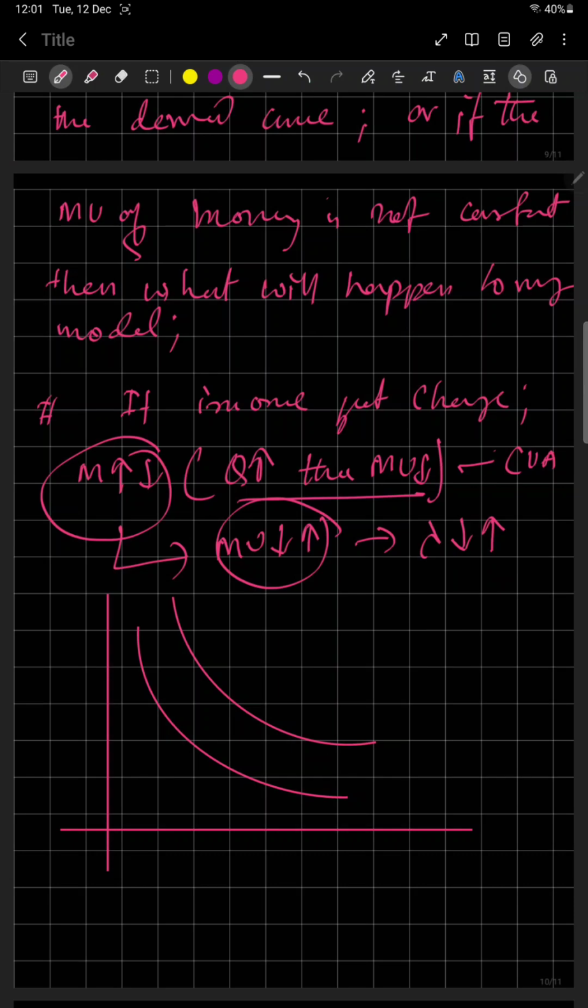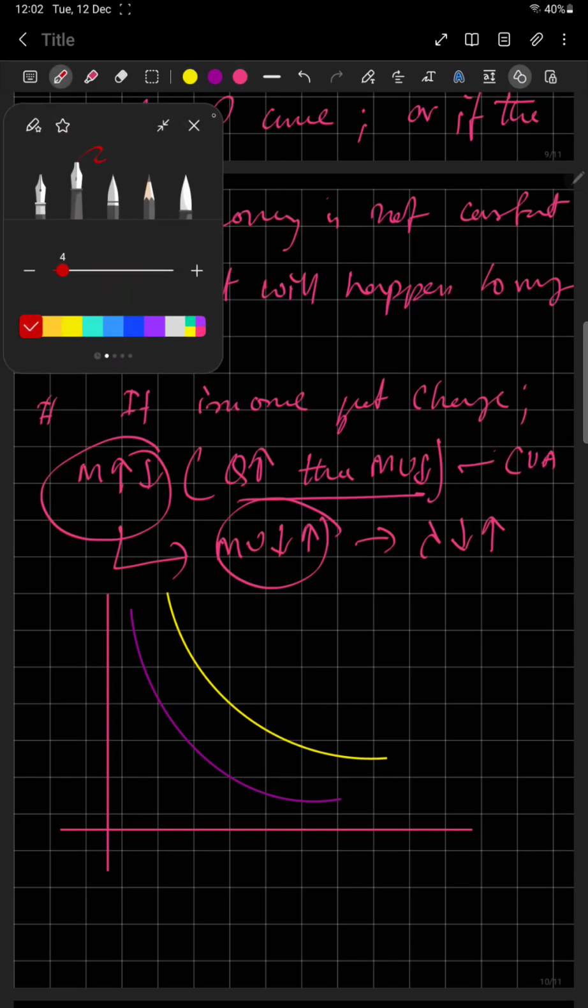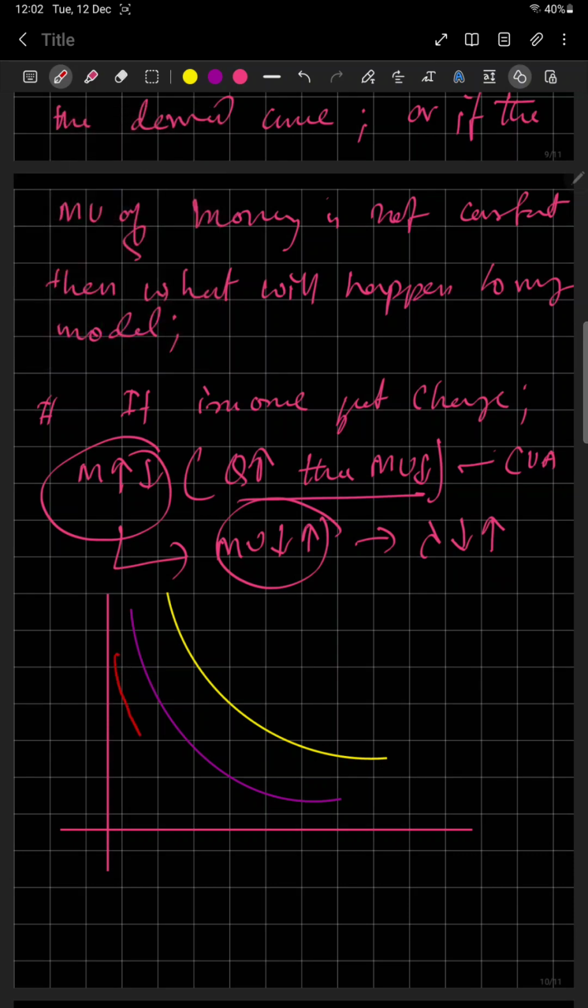This purple color is the initial demand curve. Now if income rises, the new demand curve will be the yellow one. If the income falls, it will be the red color demand curve. So we'll try to understand how it's going to happen.